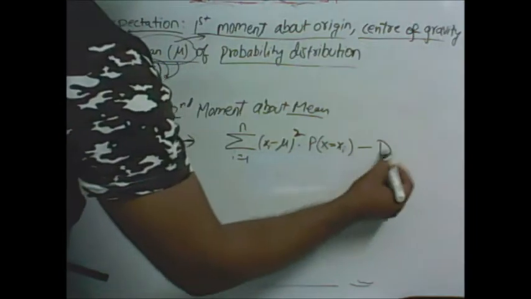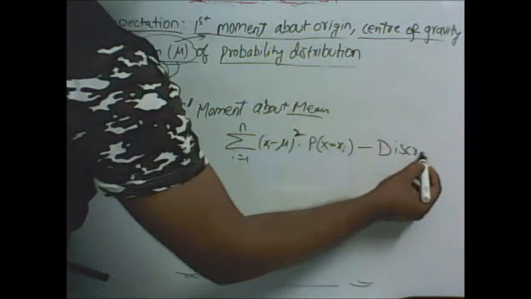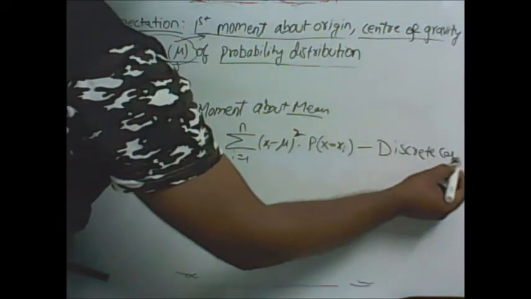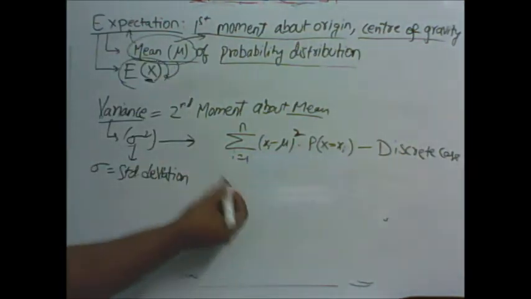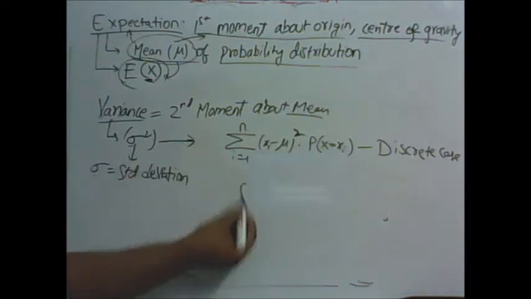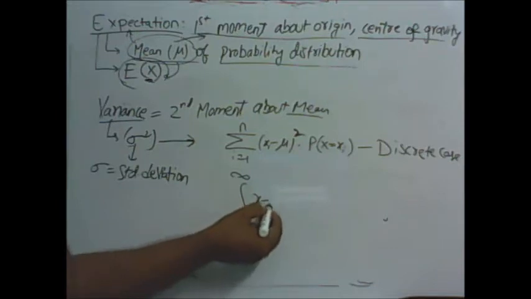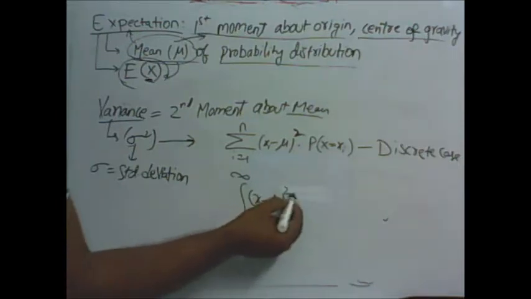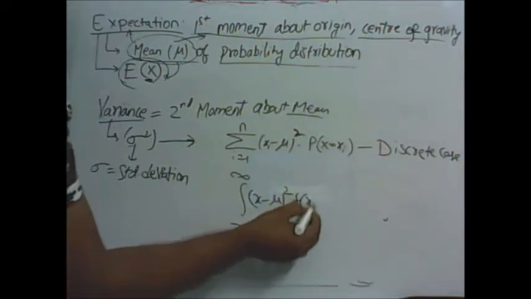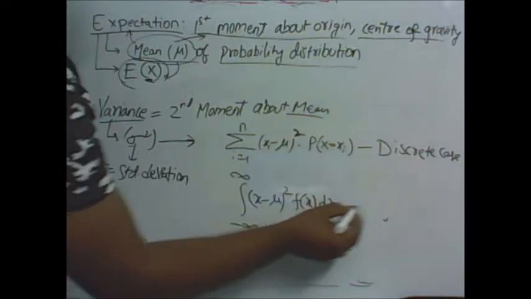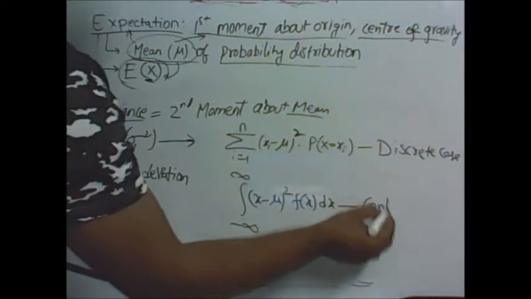It is the discrete case. Now if it is a continuous case, then it is the integral from minus infinity to plus infinity of x minus mu whole square into f of x dx. It is the continuous case.